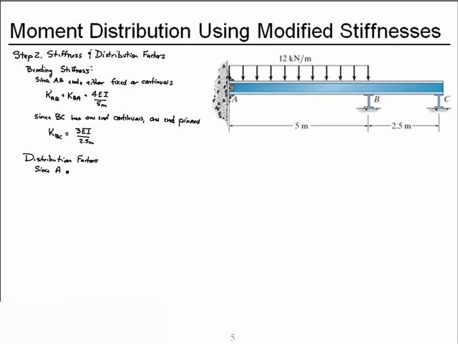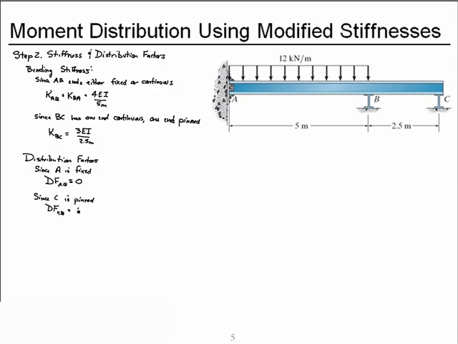Since A is fixed, the distribution factor is 0. Everything that comes to that node stays in the support. Since C is pinned, the distribution factor at C is 1.